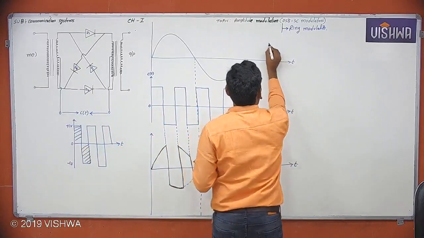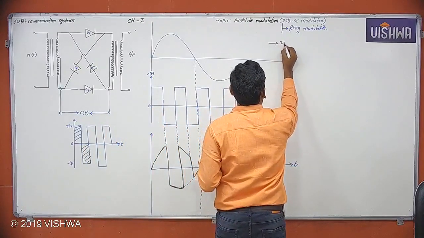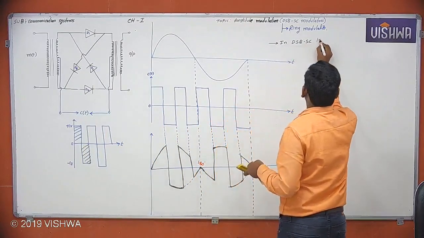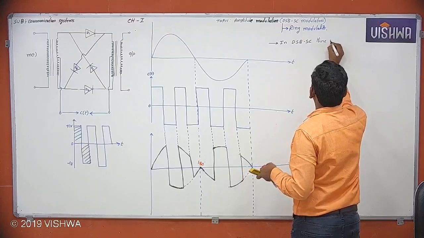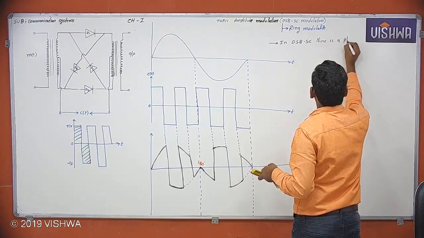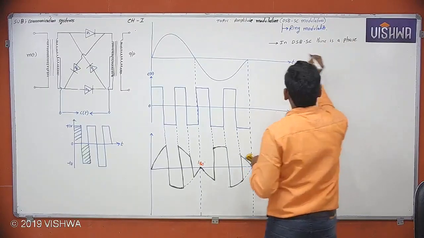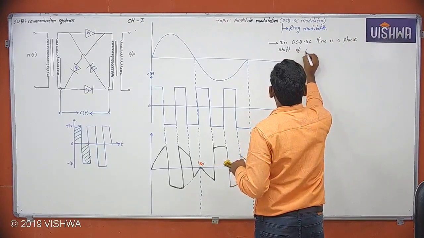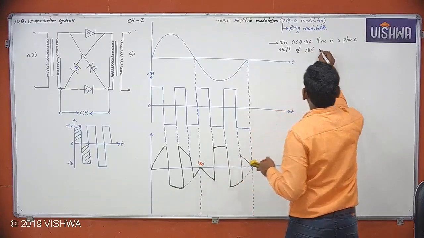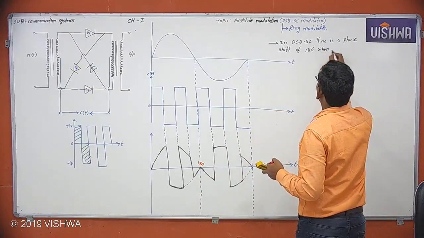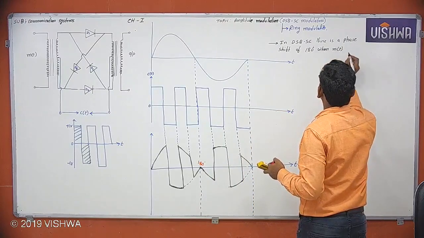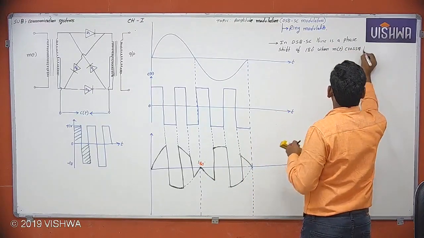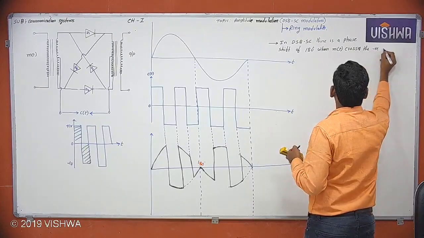Now in DSBSC, there is a phase shift of 180 degrees when m of t crosses the negative side.